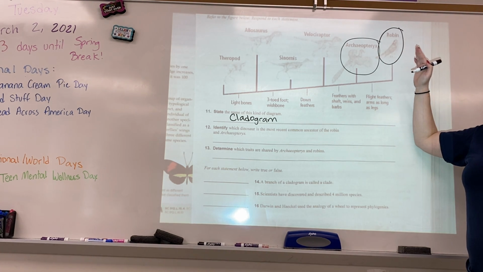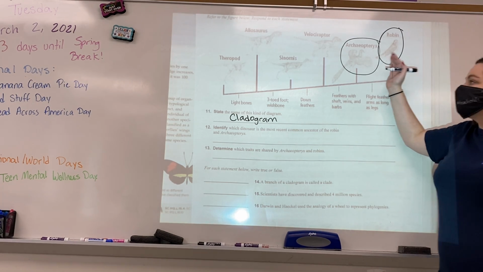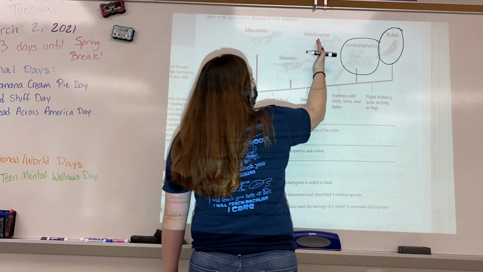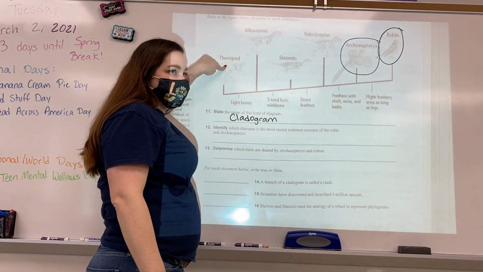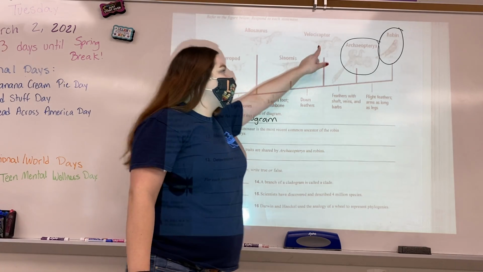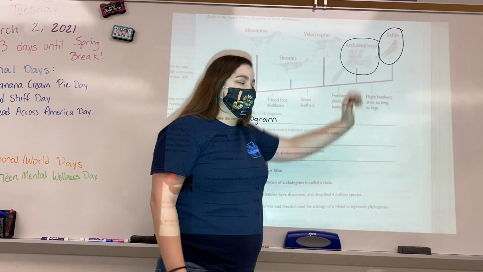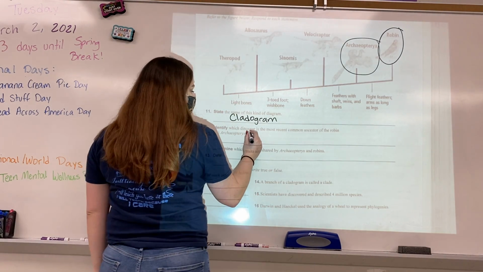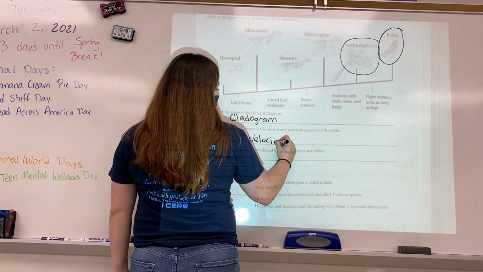What is the most recent common ancestor for those two species? Velociraptor, the one that is closest to both of those species. It wouldn't be this one or this one, because Velociraptor is the closest to both. So your most recent common ancestor of both of those is the Velociraptor.